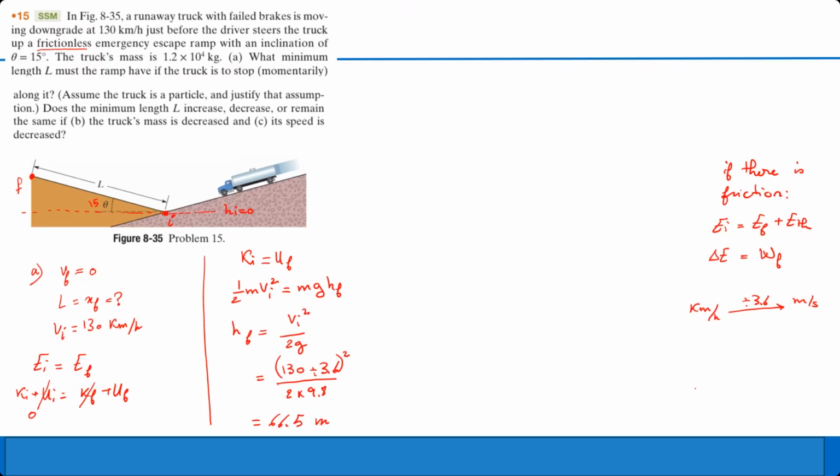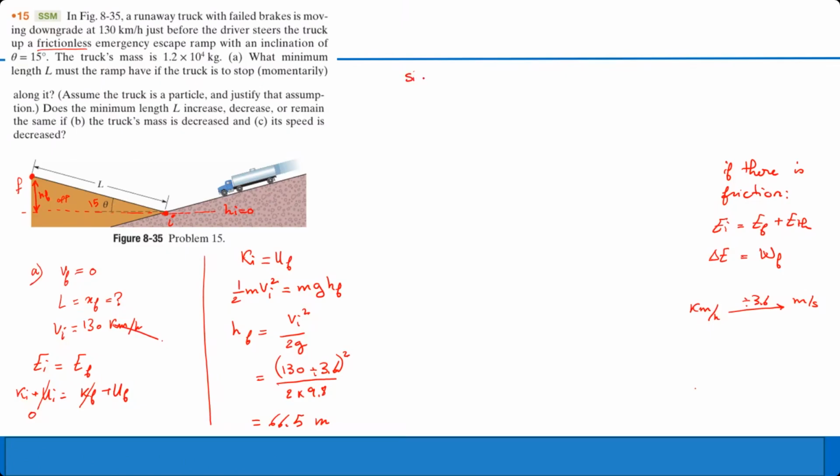Now, be careful. We're not done with this part yet. Why? Because the question actually asks us for the length of the ramp. What we found was this, but what we want is this distance up the ramp. We can easily link them through the angle theta that we have here. Namely, HF is the opposite to theta and L is the hypotenuse.